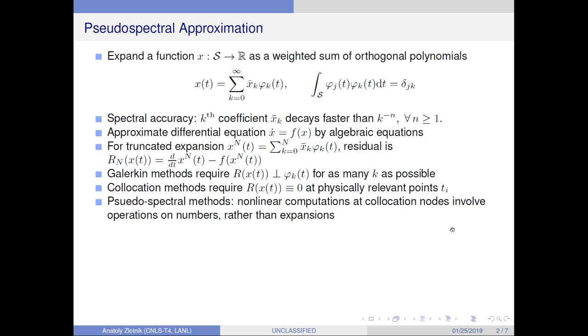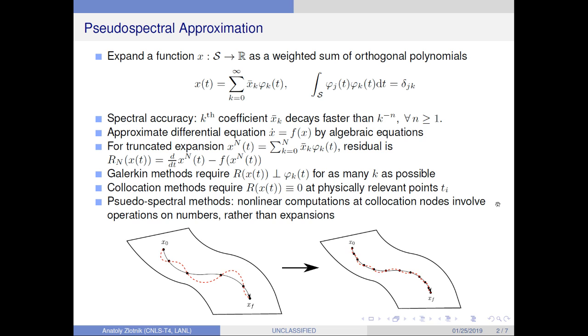Now, in pseudospectral methods, nonlinear computations at collocation nodes involve operations on numbers rather than expansions.